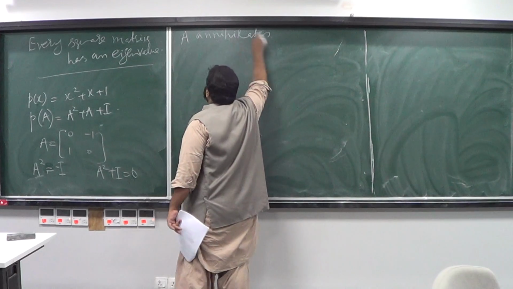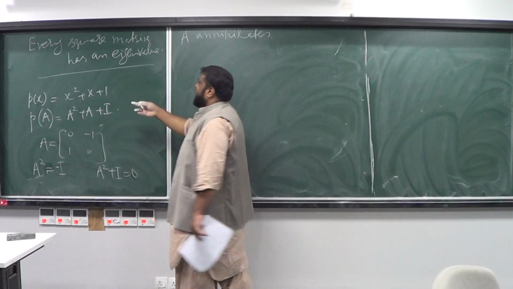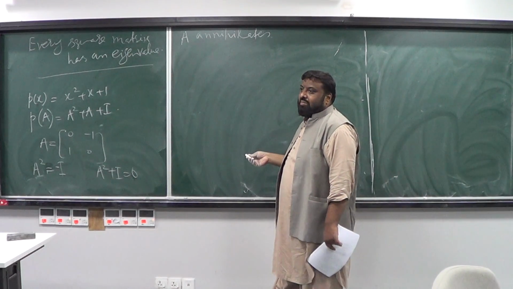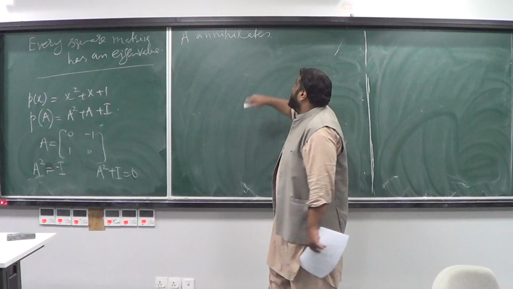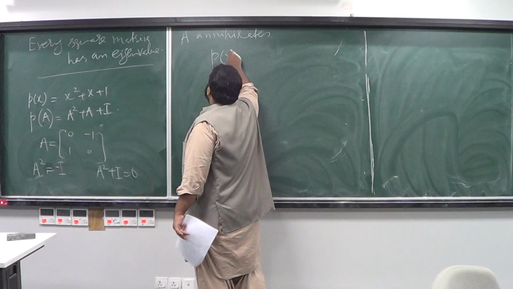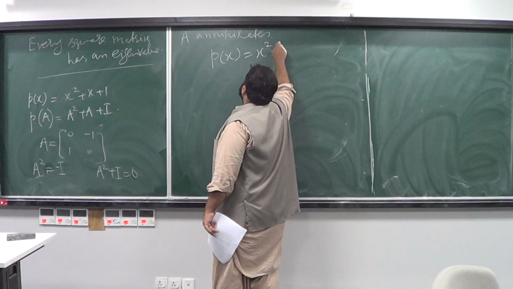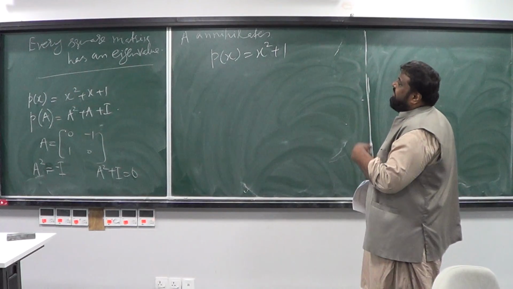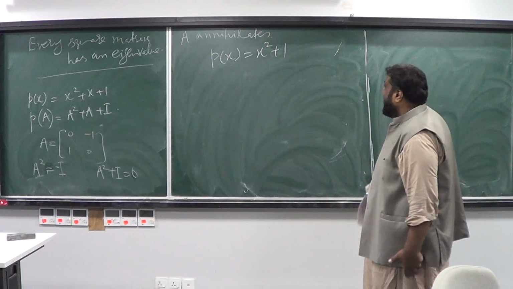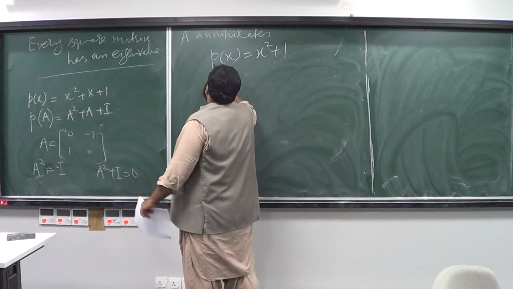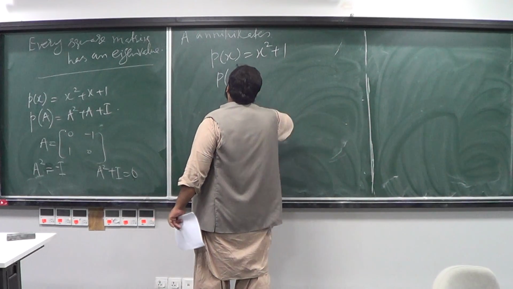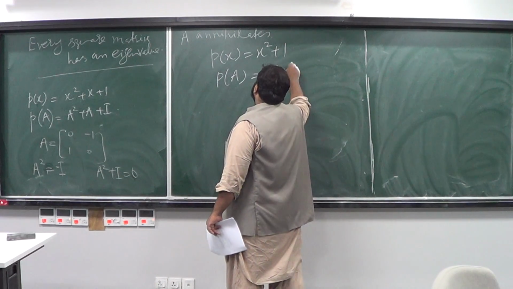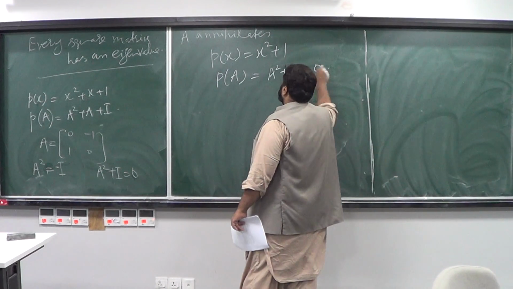I can't say that it's a root of the polynomial, say P of x equal to x squared plus 1, but I'm going to say that if in the polynomial P of x equal to x squared plus 1 you substitute the matrix A, then P of A is going to be A squared plus identity, which is going to be the 0 matrix.